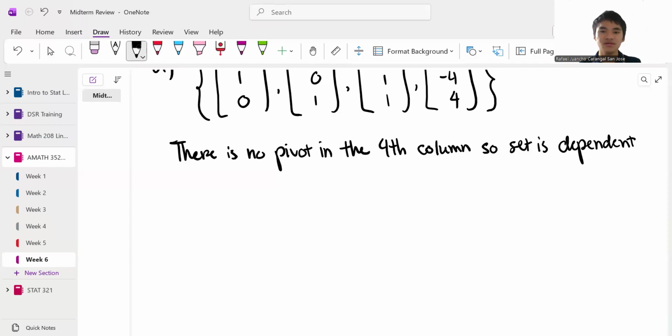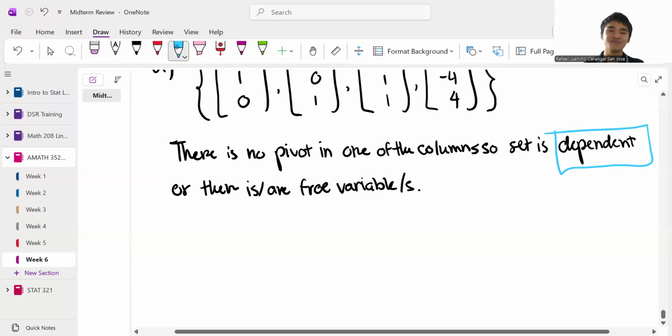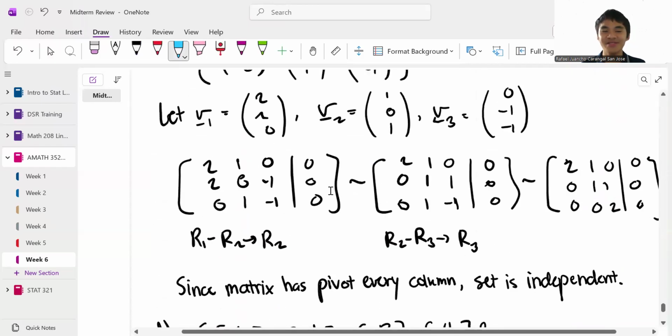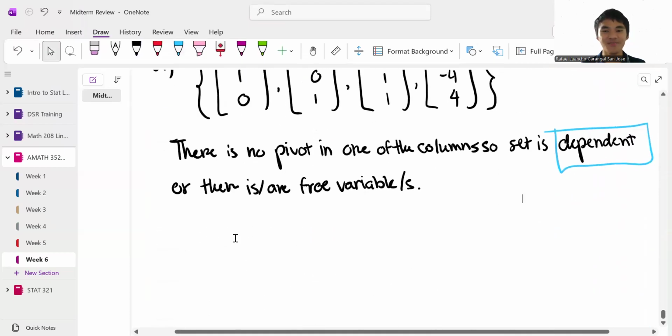So it's either there's no pivot in one of the columns, or there is a free variable somewhere. So the set is dependent. Just eyeballing it. Of course, if this were a test, I would write out the alternate definition because that's what I'm used to. I'm just trying to do new ways of proving this idea.